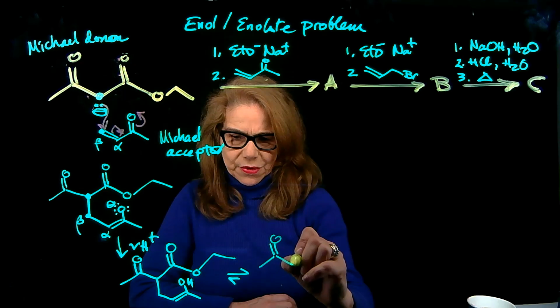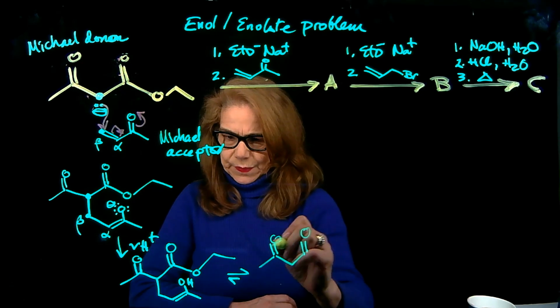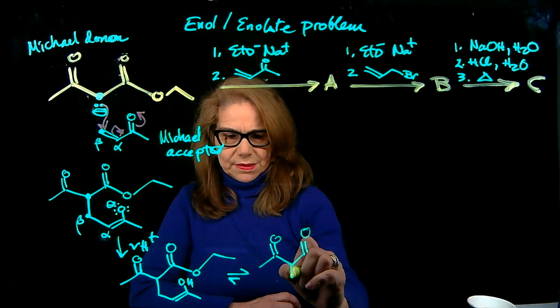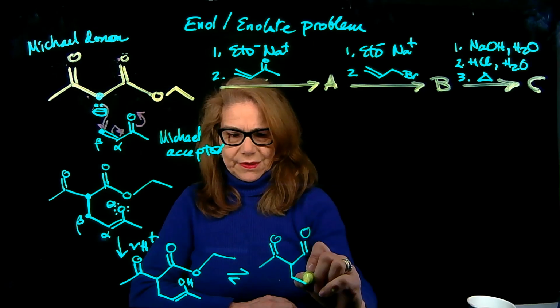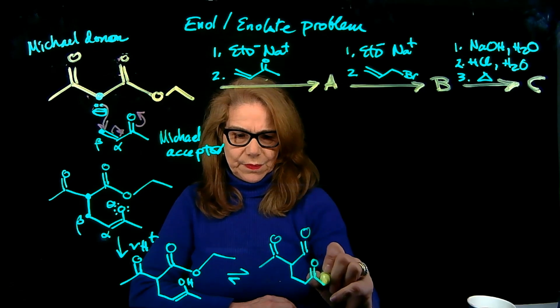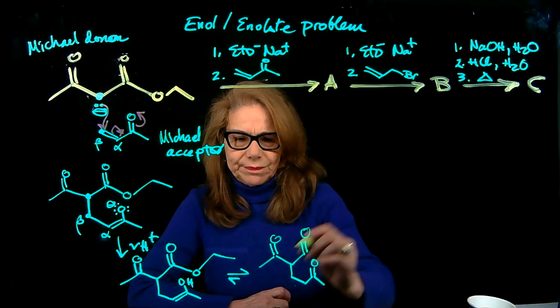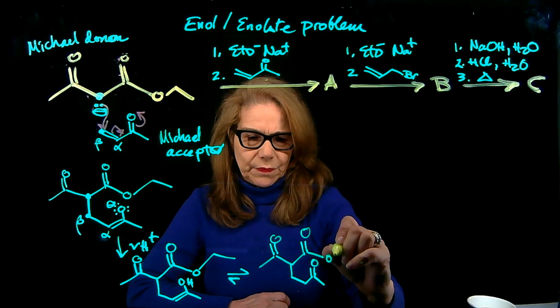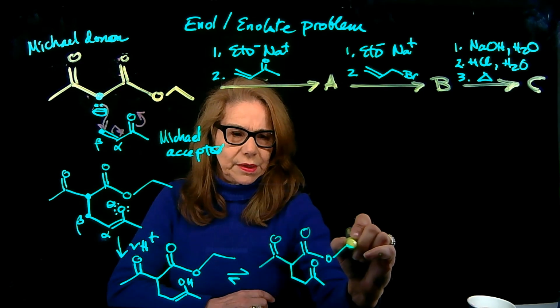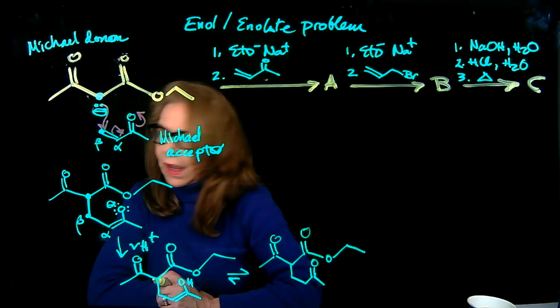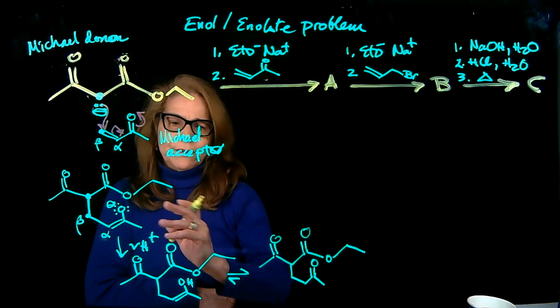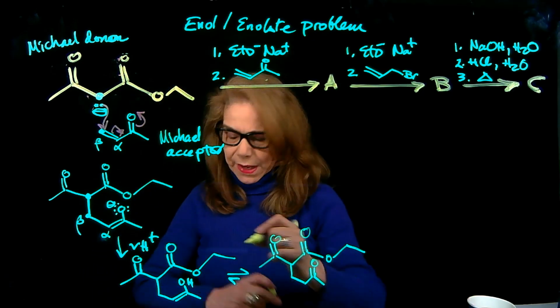So now you have added this 1, 2, and here you will have another group. So that is 2 carbons. That's what we have so far, and so this will be compound A.